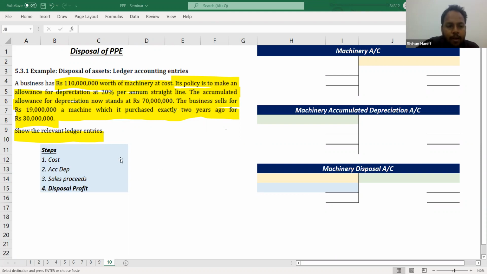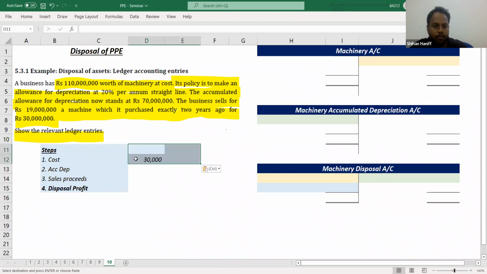Okay. How much is the disposal profit? The cost is 30,000.